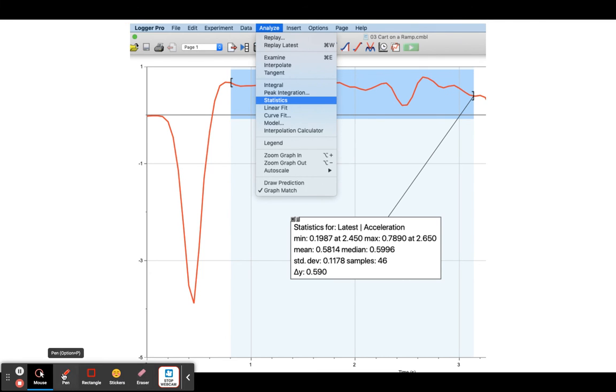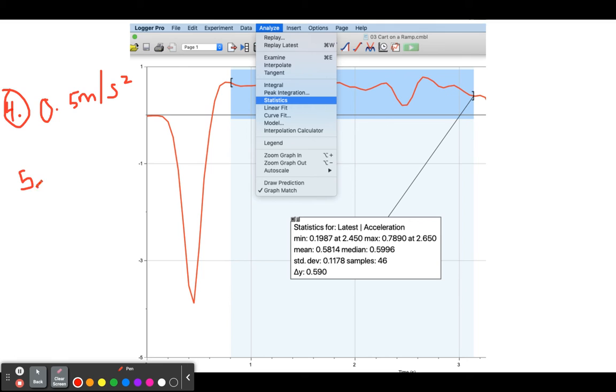My value from 4, for example, is 0.5 meters per second squared. That's from reading the graph. From 5, that was the slope of the velocity versus time graph, 0.59 meters per second squared.